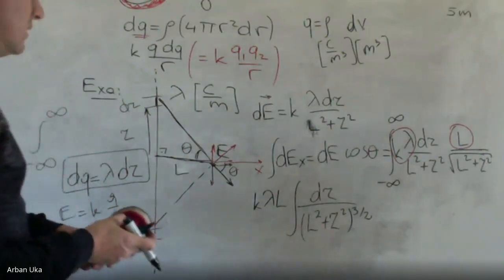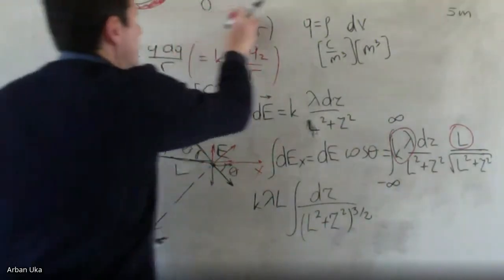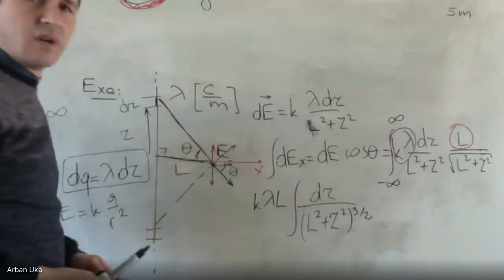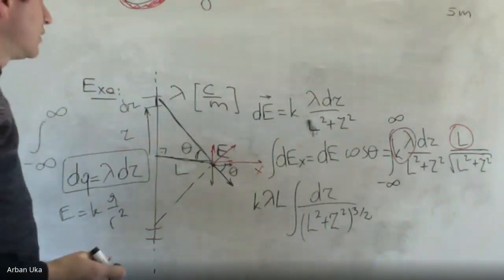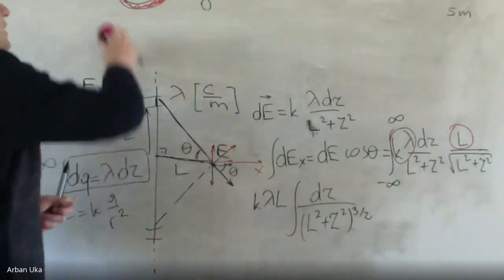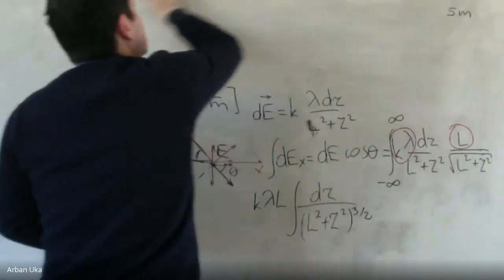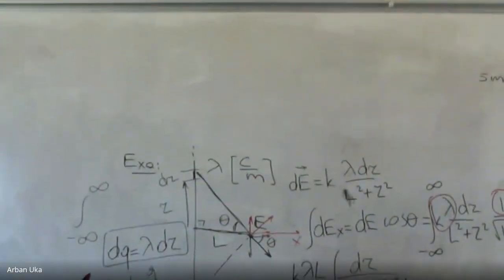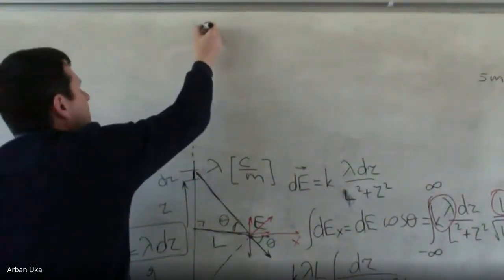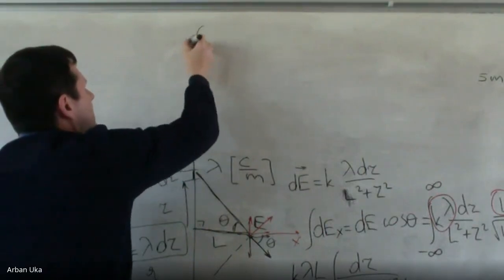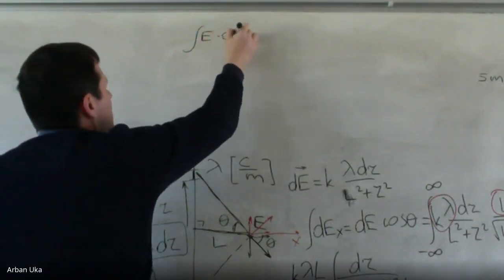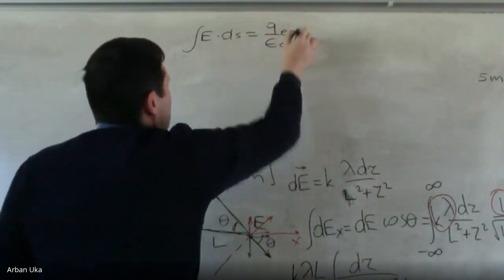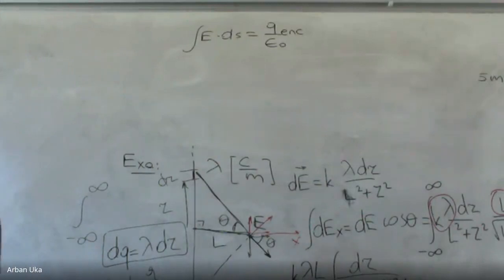But similarly to using this expression, we can also use Gauss's Law. I'm sure that you know Gauss's Law by now, we derived it a moment ago. Gauss's Law stated that the flux of E dS is equal to Q over epsilon 0. Now, this Q, we call the enclosed charge.